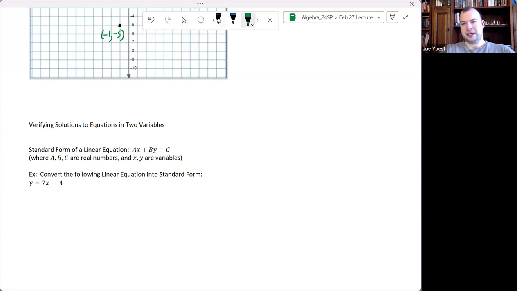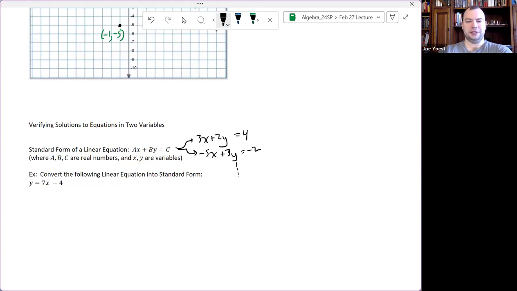So for instance, we might have something like 3x plus 2y equals 4, or negative 5x plus 3y equals negative 2. Anything in this general form, we would call standard form.